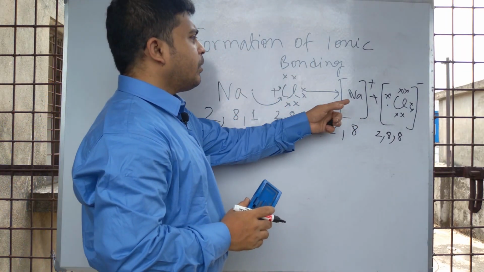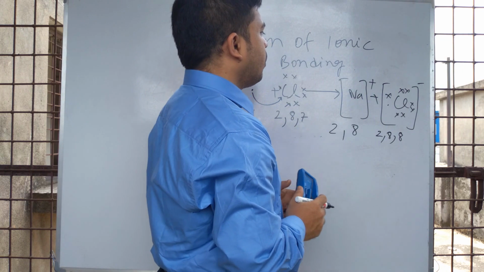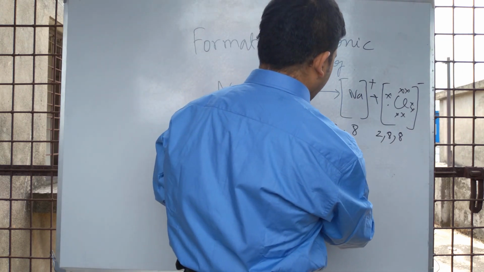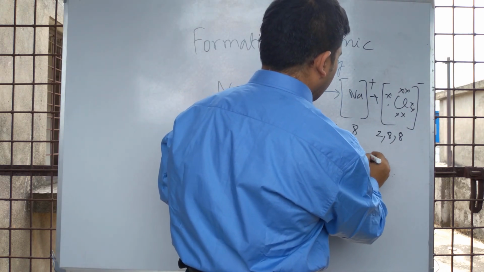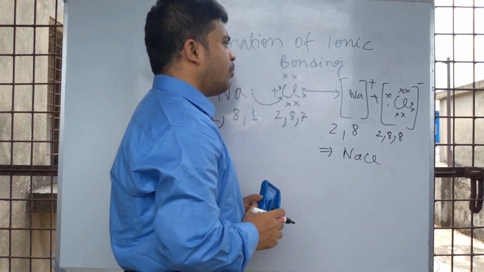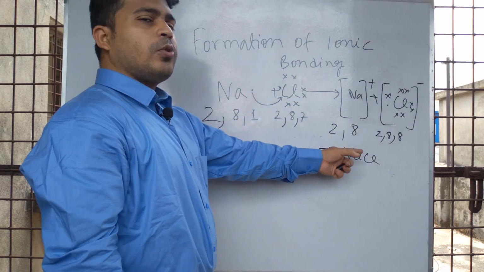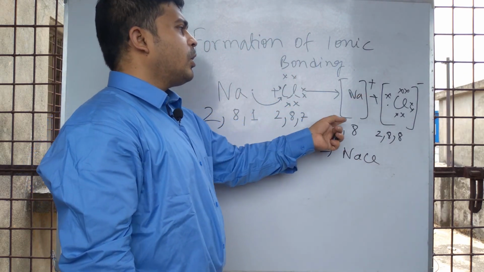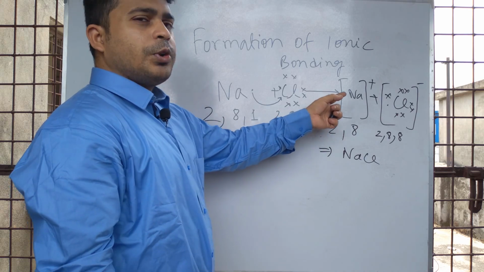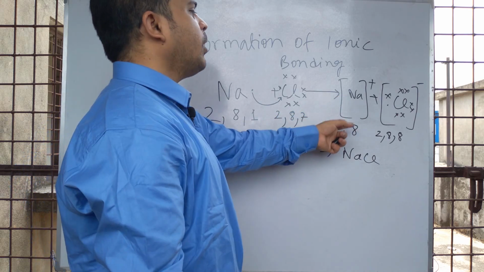So now we are seeing two oppositely charged ions, a cation and an anion, formed by electrostatic force of attraction. Sodium chloride is formed by strong electrostatic force of attraction between the oppositely charged ions.